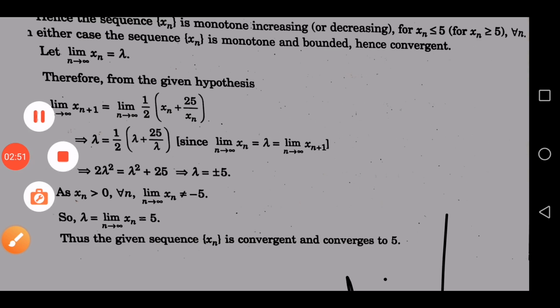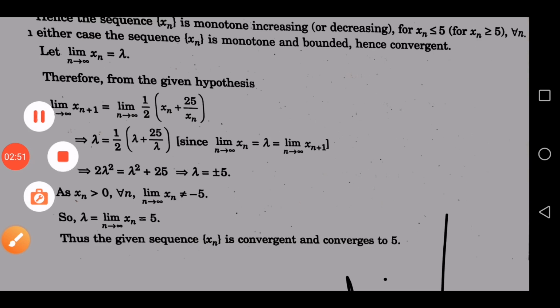After cancellation, we will have in the numerator 3n plus 1 into 3n plus 2 into 3n plus 3. So ultimately we are getting this expression.